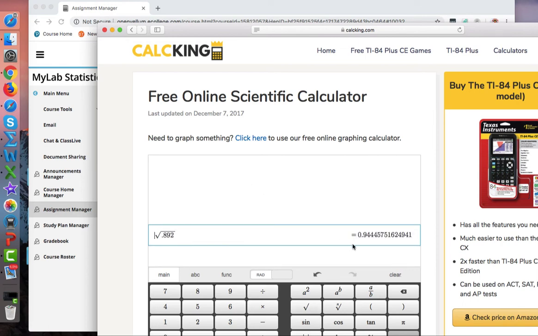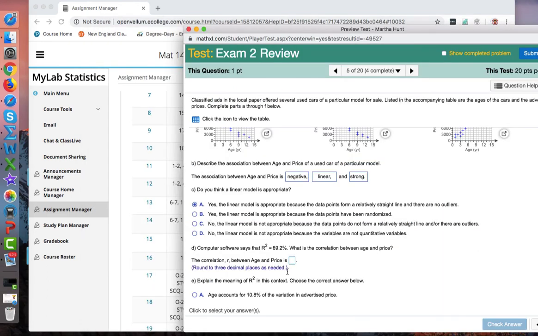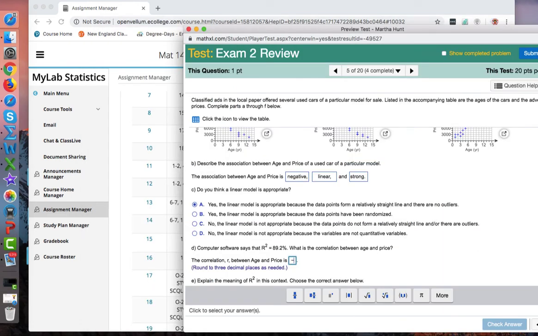So that to 3 decimal places is 0.944. And we're going to make it negative. Negative 0.944.